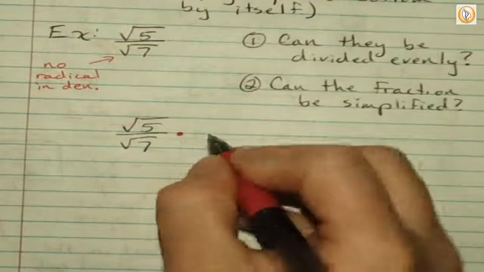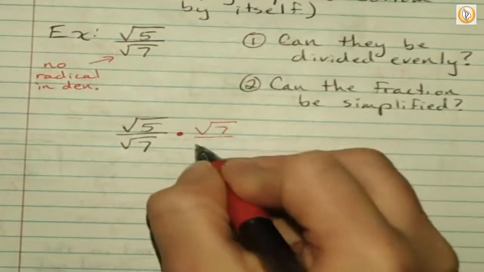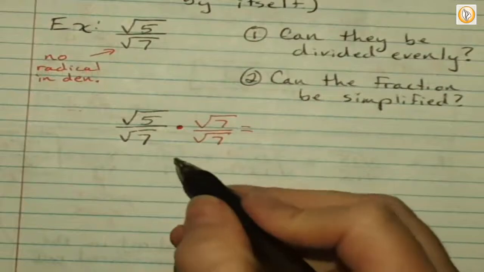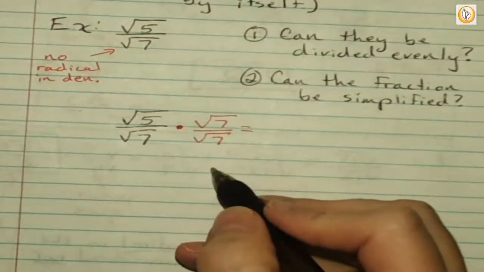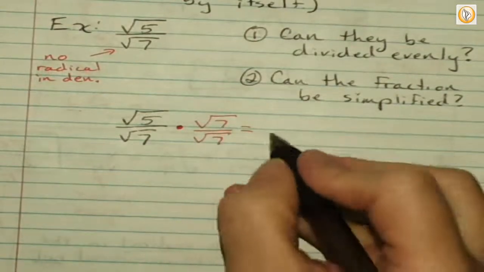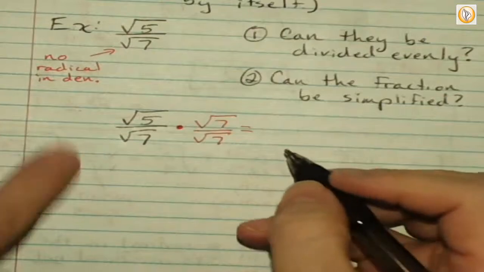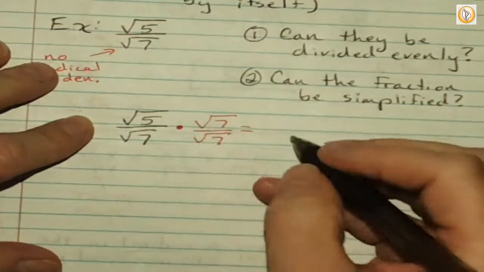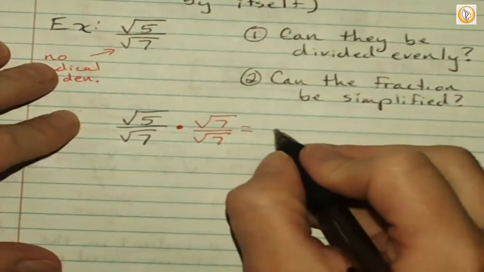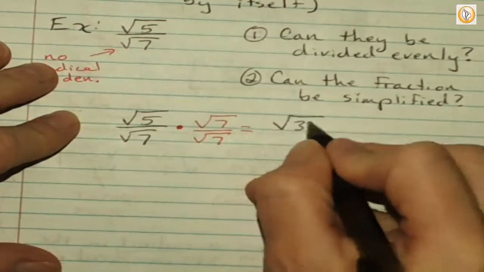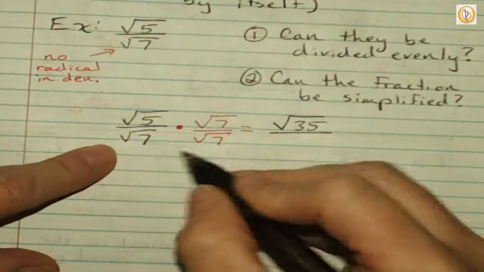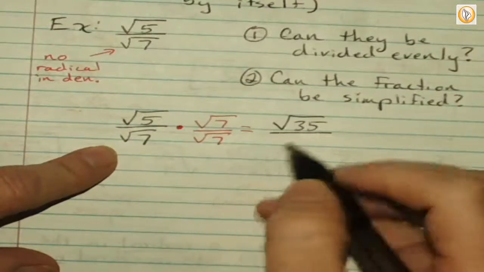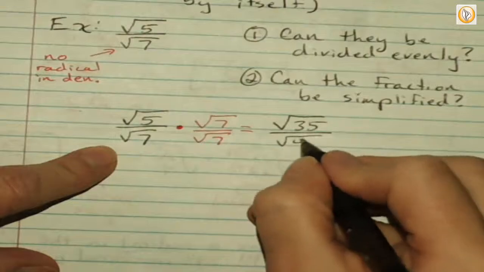So you're multiplying both sides by the square root of 7. Y'all see what I did there? Multiply the top and the bottom by the square root of 7, by the denominator. What is the square root of 5 times the square root of 7? Square root of 35. And the square root of 7 times the square root of 7 is what, Keith? Perfect.